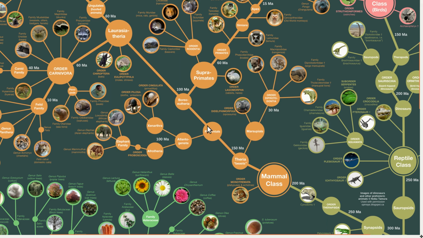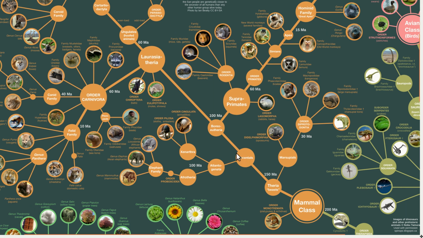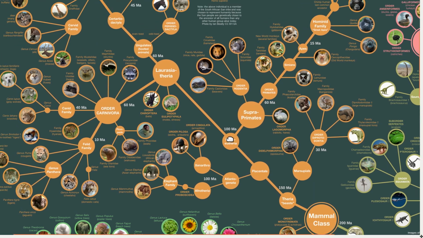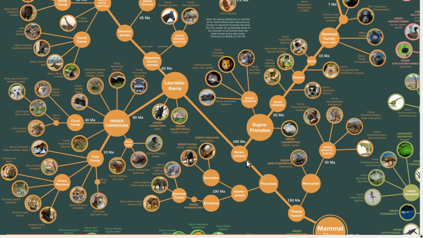So humans are placental, so let's continue the line here. We get a branch of mammals that evolves into elephants and armadillos. And then here we have Boreoeutheria, from which the primates come.